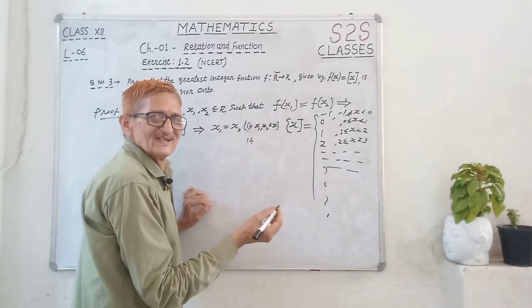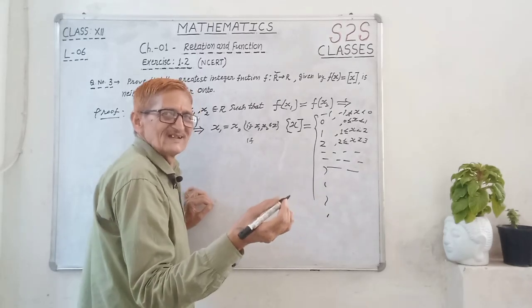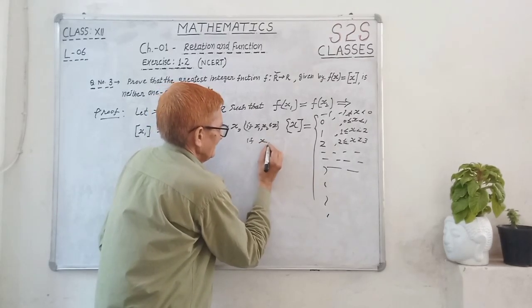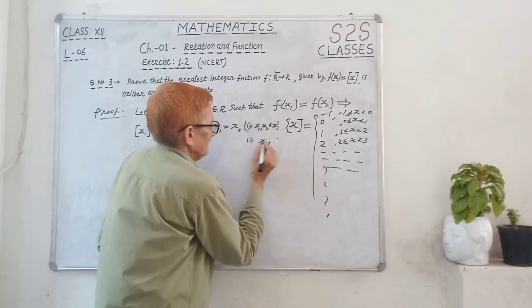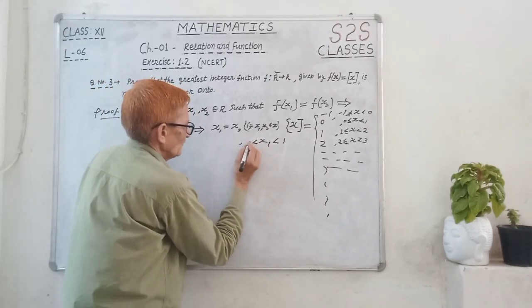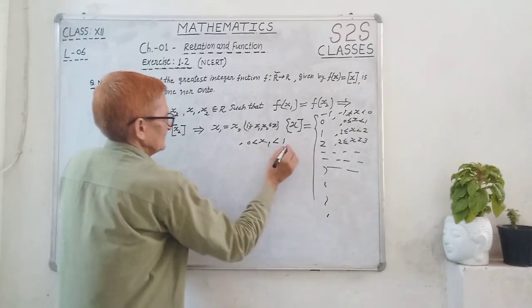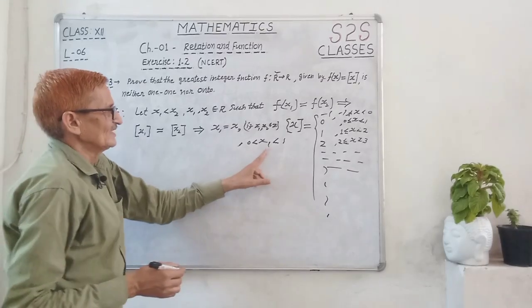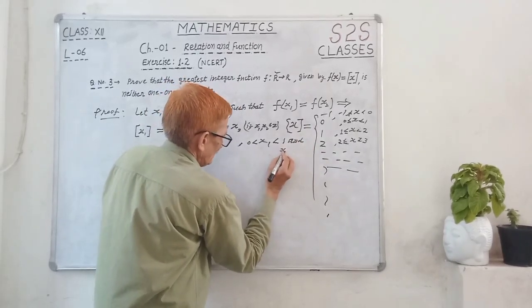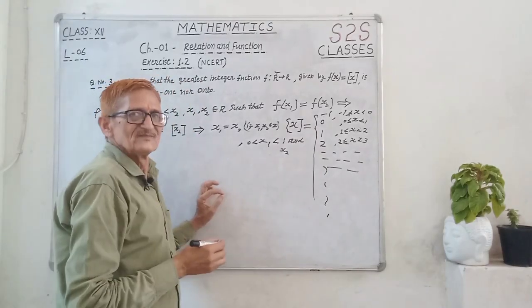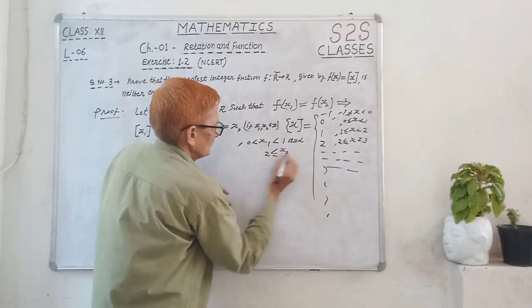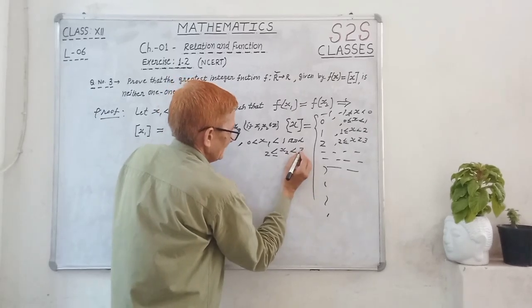Second case: if x1, x2 are real numbers between any two integers, let us suppose x1 is greater than or equal to 0 and less than 1, and x2 is greater than or equal to 2 and less than 3.